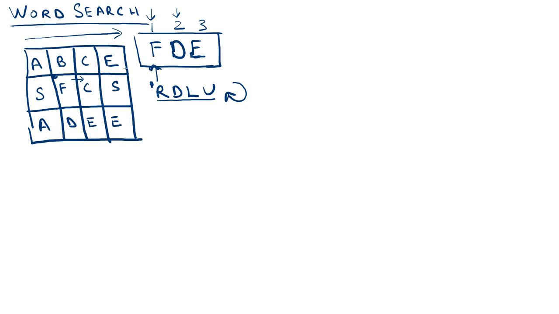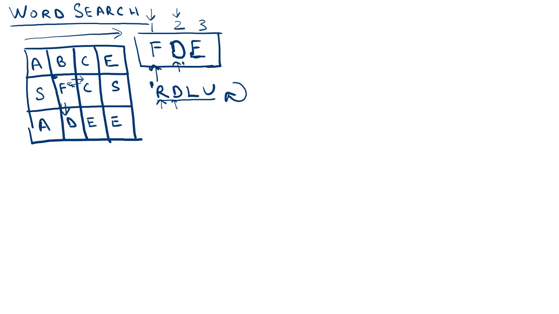We will compare C with D, and we see that it doesn't match, so we backtrack from C to F and then continue our discovery process. Our right direction didn't match, so we will now go in the down direction, which means that from F we will come to D, and now we'll compare D with the current character, which is D, and we see that there is a match.